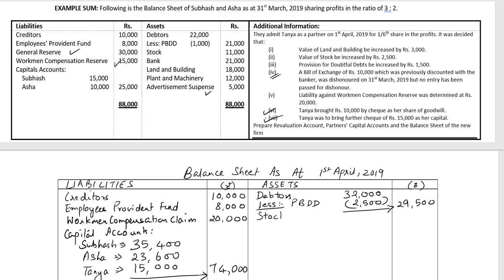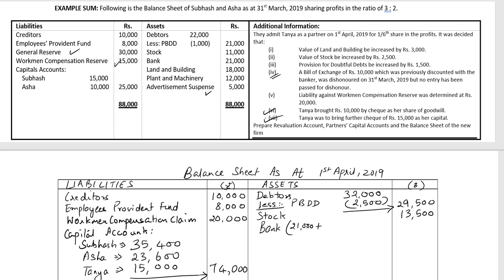Stock. Original amount 11,000. We increase the value of stock by 2,500. So now it's 13,500. Bank account. Original given in the balance sheet is 21,000 rupees.